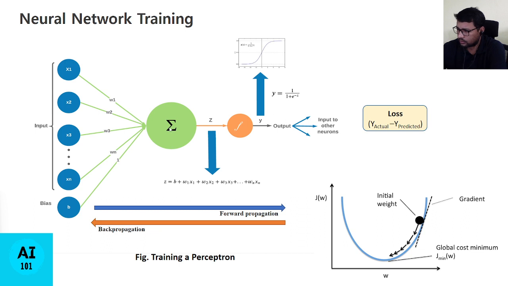Other things we cannot train. We cannot train the input. We cannot train other functions. We only adjust the weight and bias, so that the prediction becomes more similar to the actual, and we can train our network.